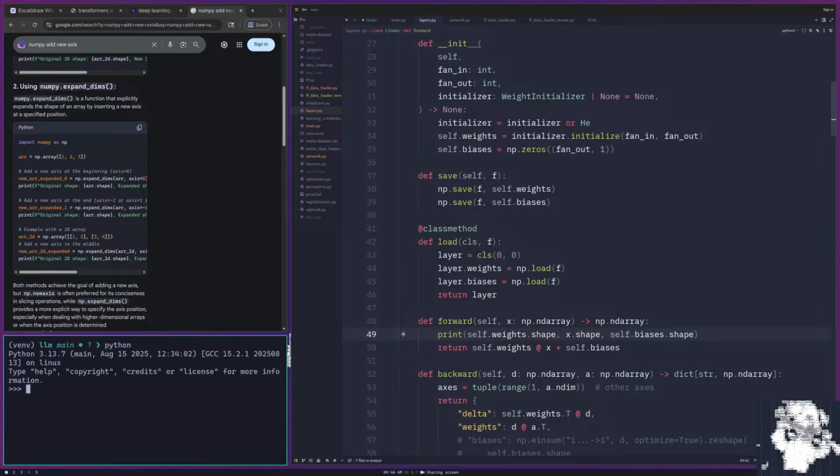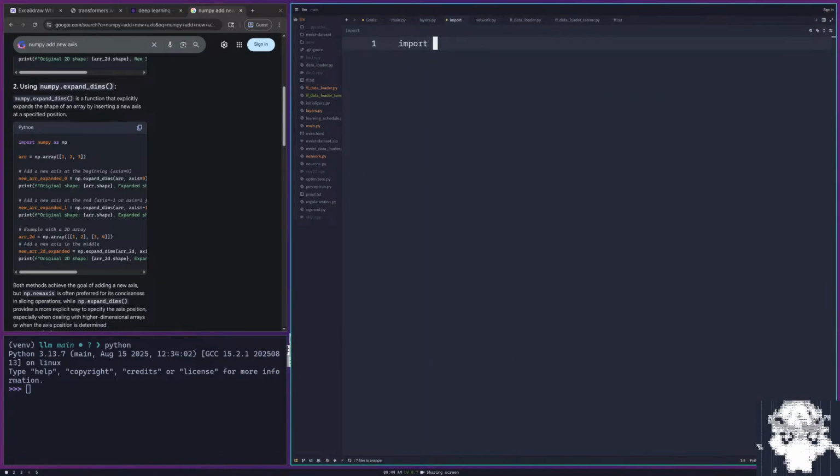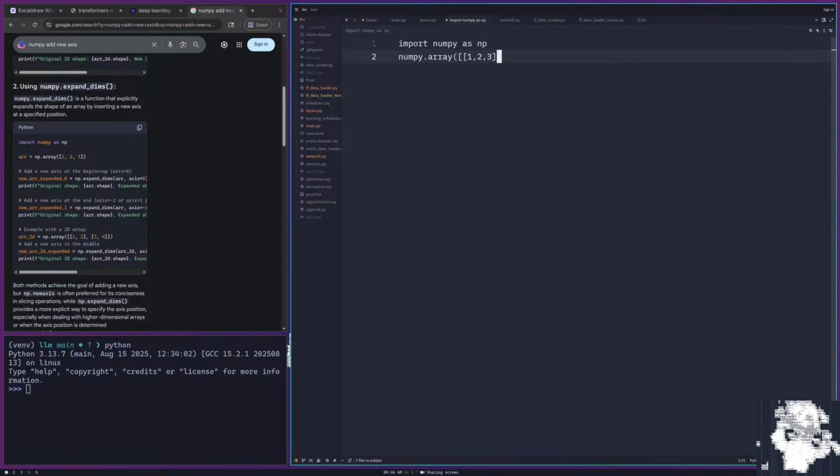Python, import numpy as np, or let me do it in a file here so I can paste it more than once. Import numpy as np, np.array for a 2D matrix. So let's just do [1, 2], [1, 2].